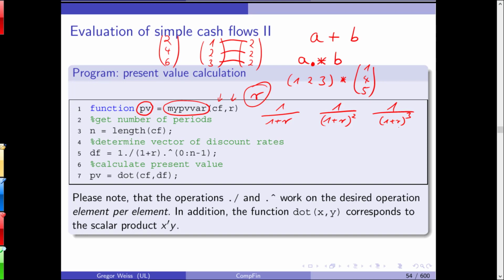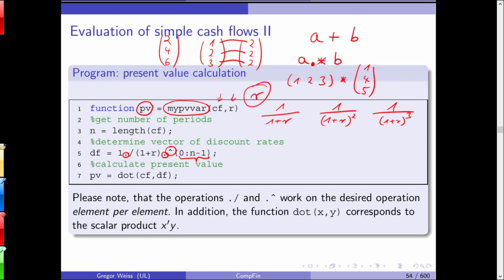So the result should be a vector, and that's why every operation is done element-wise. That's the only reason I have this little dot here and here before the operators, the division and this power operator here. And this here simply means what?